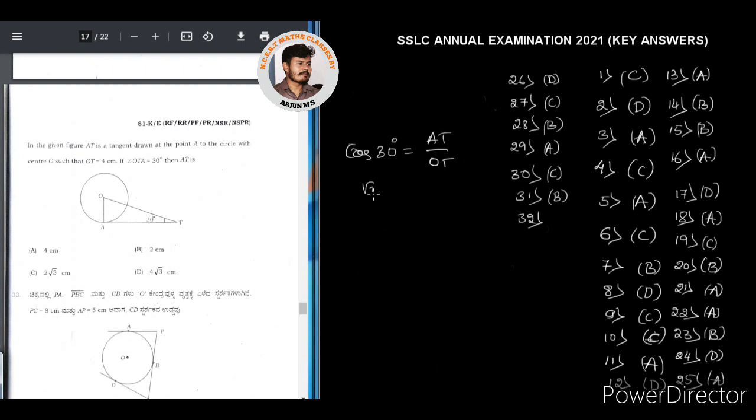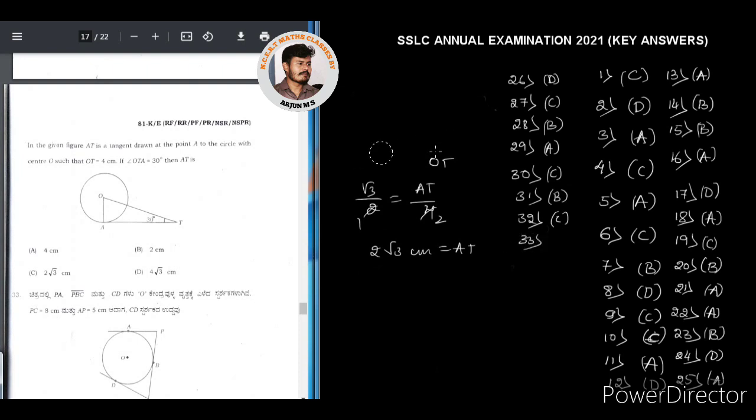Cos 30 degree is root 3 by 2, which is equal to AT, which we have to find out, divided by OT, which is 4 centimeter. 2 ones are 2, 2 2s are 4, transpose 2 to LHS, we get 2 root 3 centimeter is equal to AT. So option C is the right answer. 2 root 3 is the answer. Option C is the correct answer.